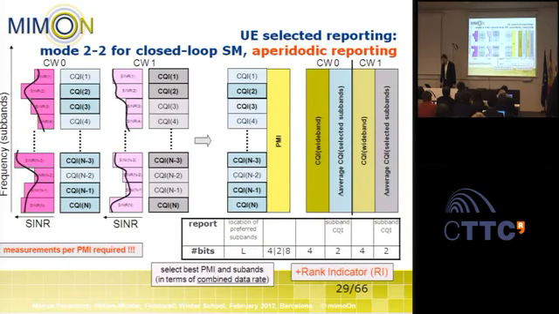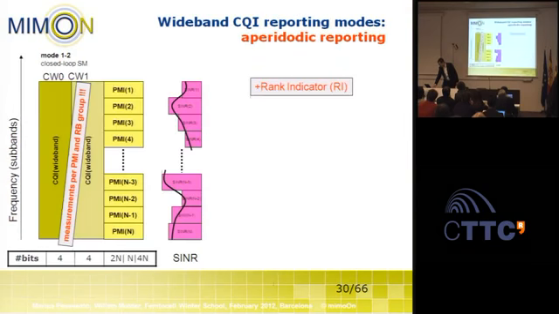There's one other very interesting scheme that is given here for closed loop spatial multiplexing. Here, in fact, we report a wideband channel quality measure for both code words. And then per subband, there's also one possibly different precoding matrix selected by the user equipment.